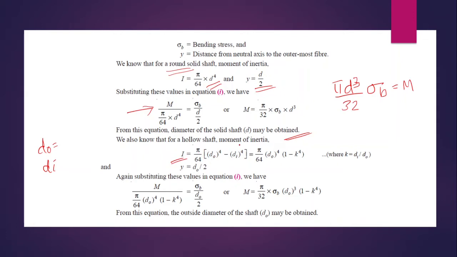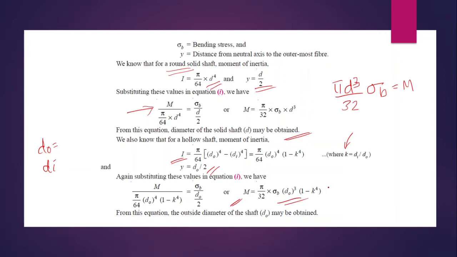Then we can use another term, k is equal to d i by d o, and y is equal to d o by 2. Again substituting these two values in equation number 1, M by I is equal to sigma B by Y, then M is equal to pi by 32 into sigma B into d o cube into 1 minus k raised to 4.